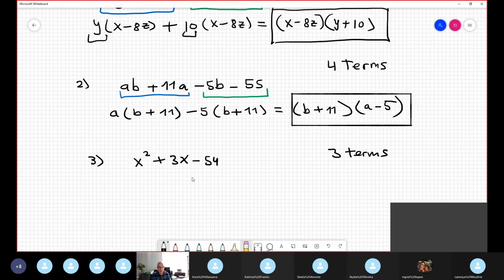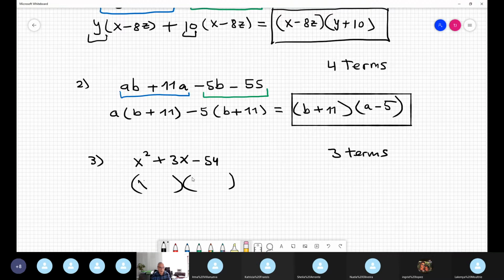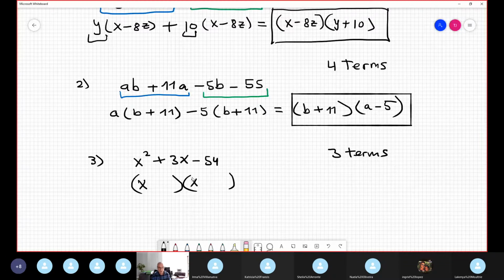Very well. If it's irregular, automatically I open two parentheses. The key that opens the door is 54. I need to find two factors that multiply to give 54. 9 times 6. Excellent.